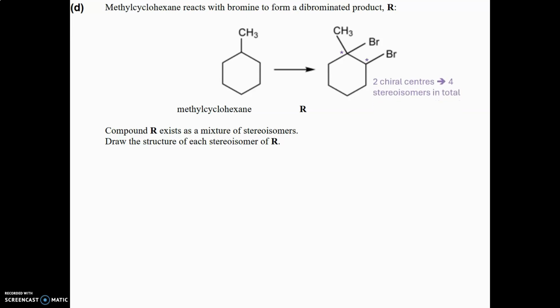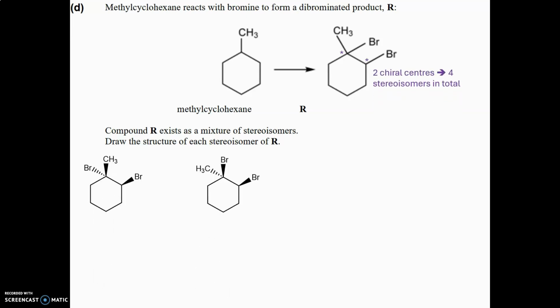The easiest way to do this is to fix the Br with one type of bond first, and to vary the methyl and the Br on the other adjacent carbon.